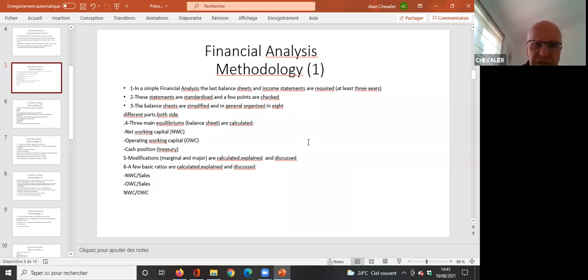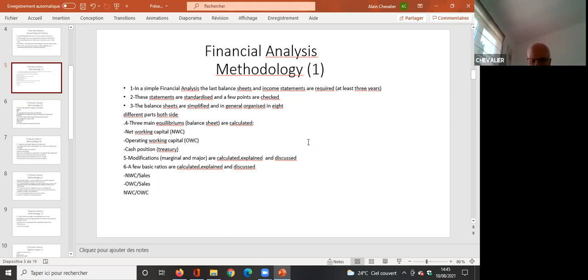After that, we have balance sheets which are simplified, which are standardized, and in general, which are organized in 8 different parts, both sides, it means right and left side of the balance sheet. And point 4 here, we try to deal at that point with equilibriums.